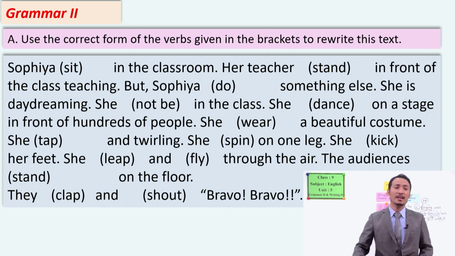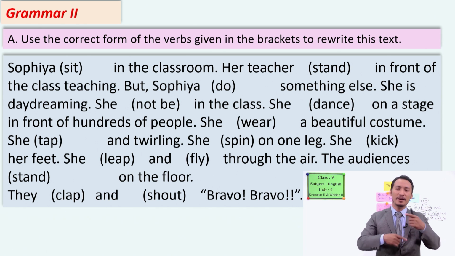Okay, students, let's have a look at the sentence once again. Sophia sit in the classroom. Her teacher stand in front of the class teaching. Okay, he stands or is standing. You can guess now. So it is generally a description of a situation.